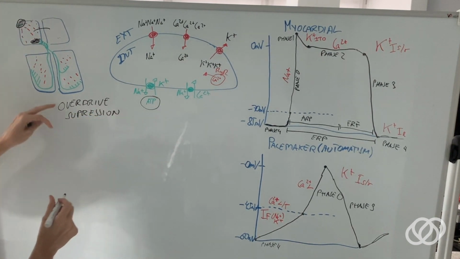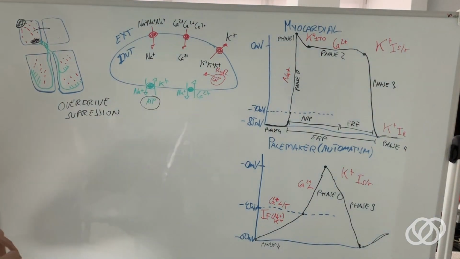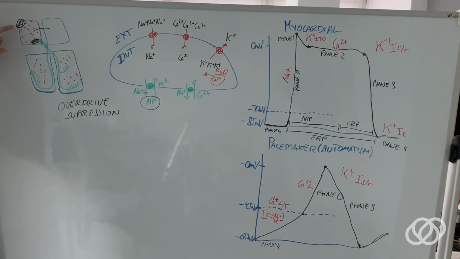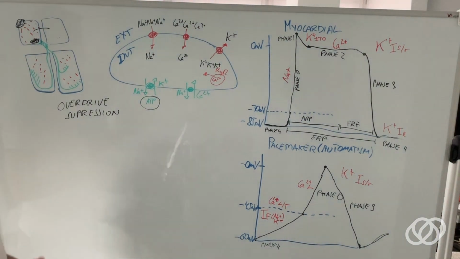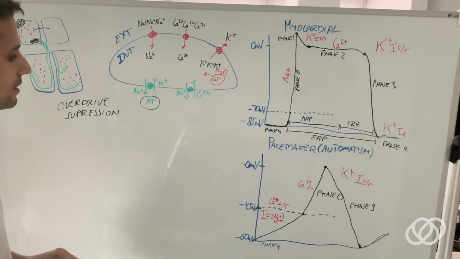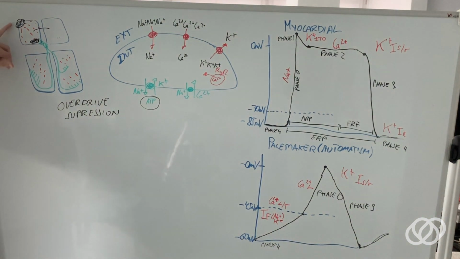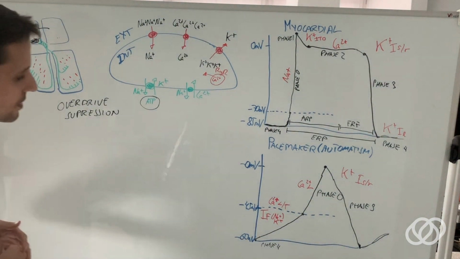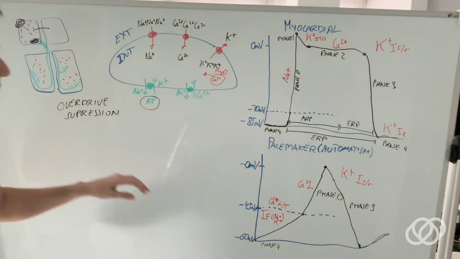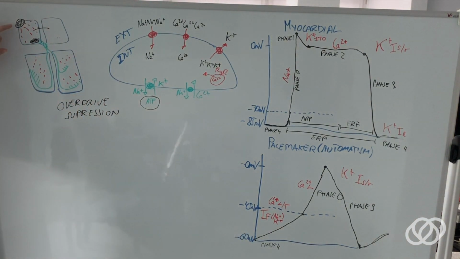The concept of overdrive suppression is that when we have, as we have here in the conduction system, different cells that have different intrinsic beats per minute or intrinsic cardiac frequency, the one that has the higher rate of firing is the one that will command.